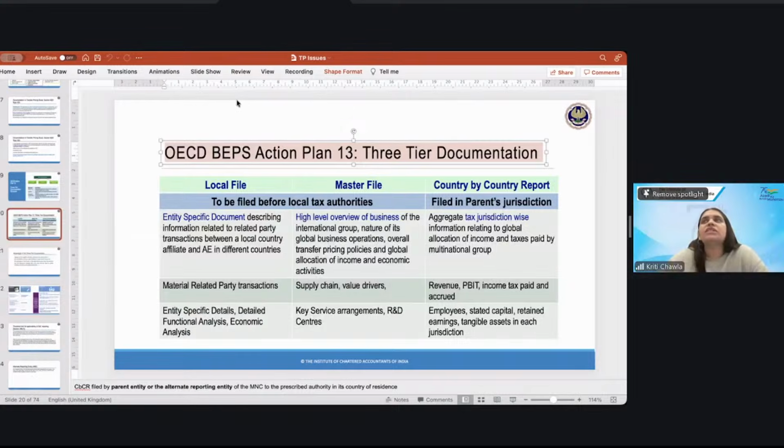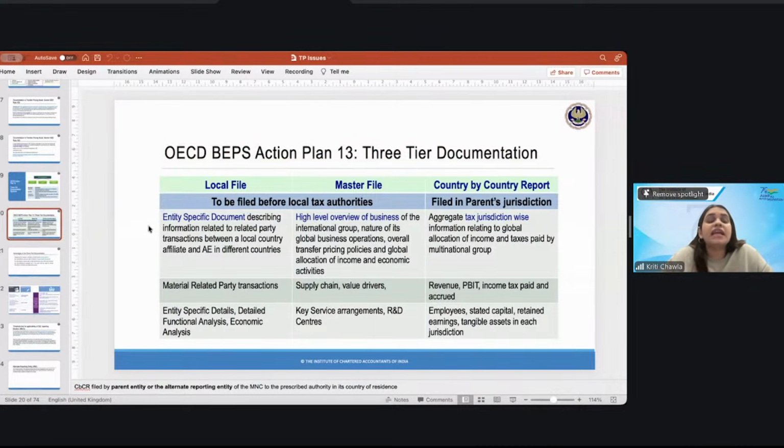Now, the first thing that OECD says is that you will have to maintain something called a local file. What is this local file? Well, a local file is basically like an entity specific document. So one local file will have to be maintained by India. One local file has to be maintained by China. One local file by Germany. One local file by the UK entity. What will it contain? It will contain very entity specific information.